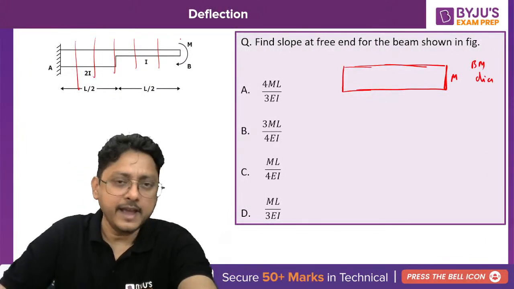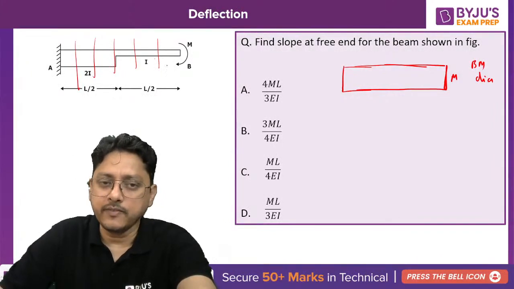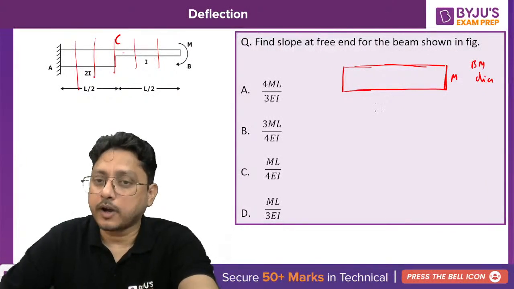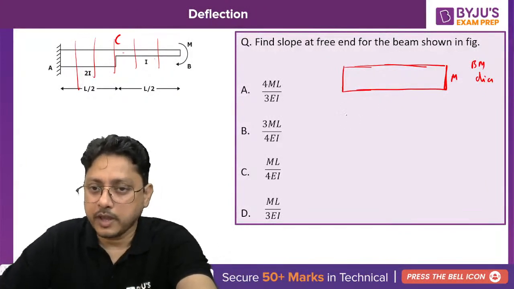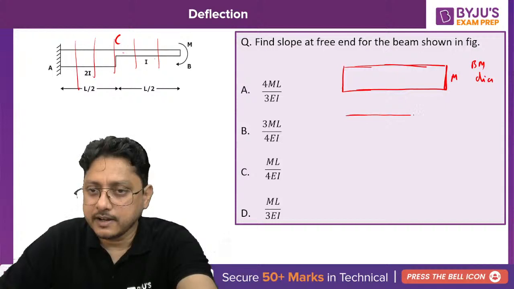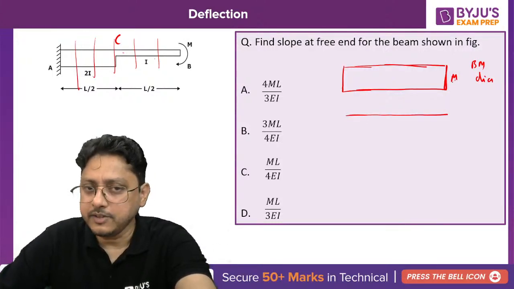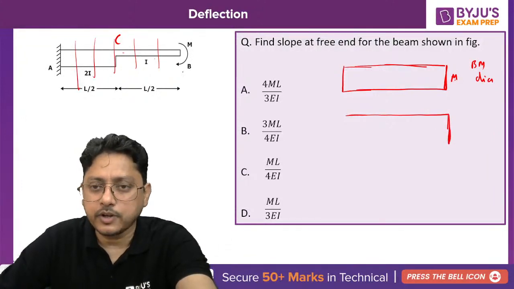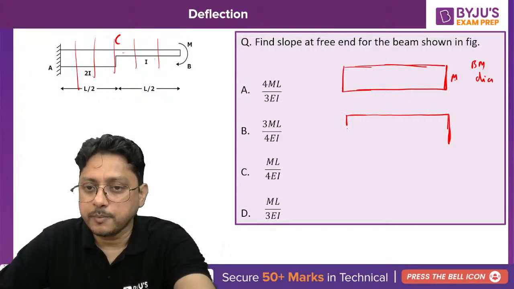Now EI is changing from here. From A to C it is 2EI, and from C to B it is EI. So if you divide by EI, what will be your M by EI diagram? On this side it will be divided by 2EI, so it will be M by 2EI.